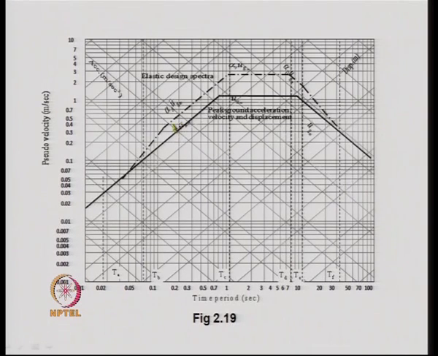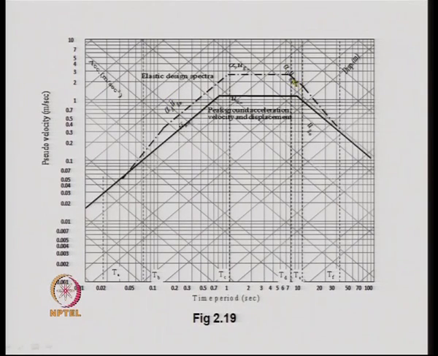Then as we have described before, this segment between B and C is parallel to this line, and that is equal to alpha A times the ground acceleration. So, we draw this line parallel to this line, with this value being equal to alpha A multiplied by the maximum ground acceleration.